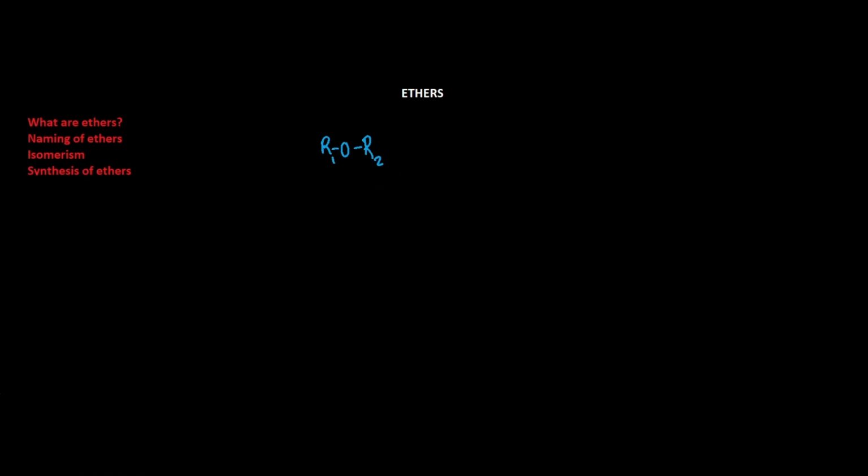Now, in a situation where R1 and R2 are not identical, we are going to consider the shorter alkyl group. So if the shorter alkyl group, for example, is ethyl, then we'd name the shorter alkyl group as an alkoxy. This simply means that ethyl would have the name ethoxy.